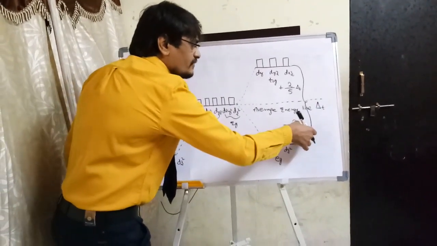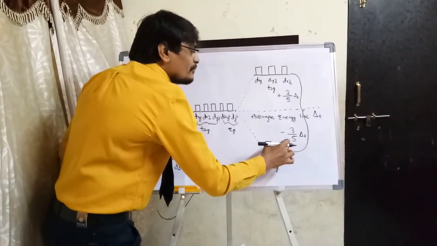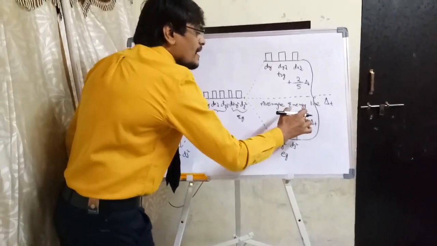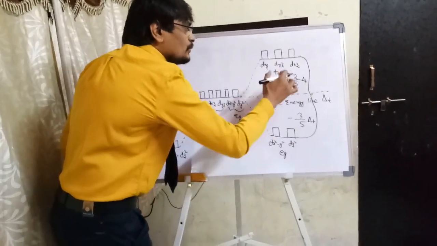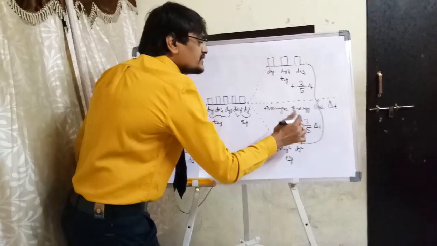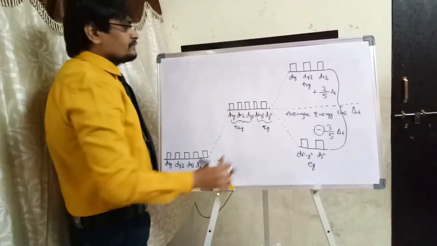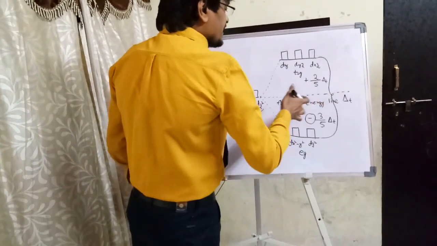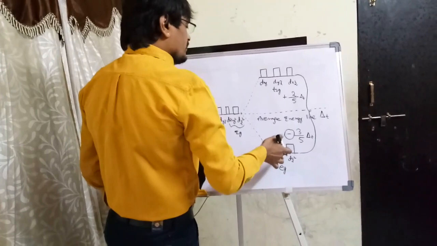So totally 5. Out of 5, 2 are occupying the lowest energy level. 3 remain, and the energy of these 2 is less when compared to the T2g set of d orbitals. That's the reason the minus sign is given to the energy gap between the average energy line and the Eg set of d orbitals.